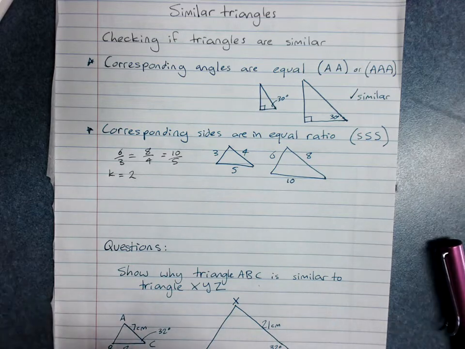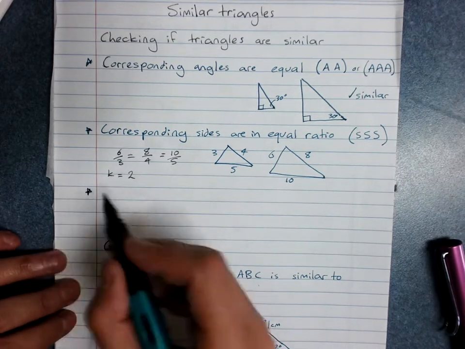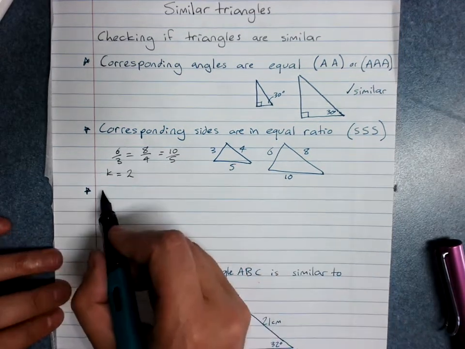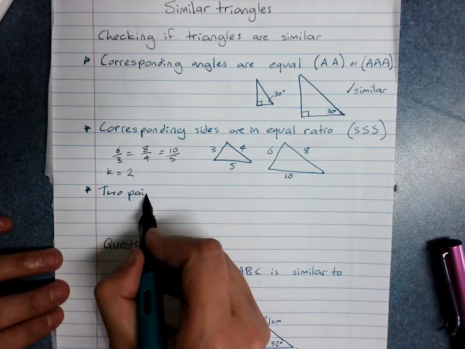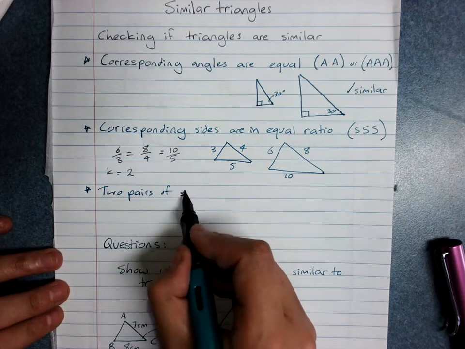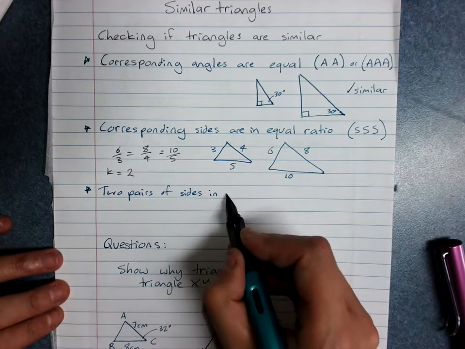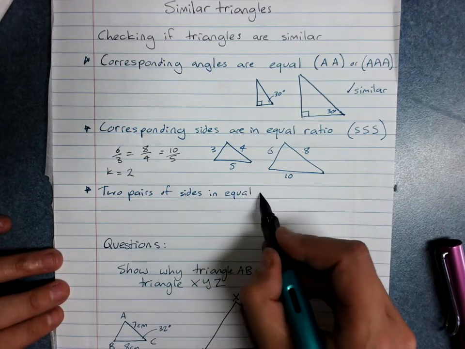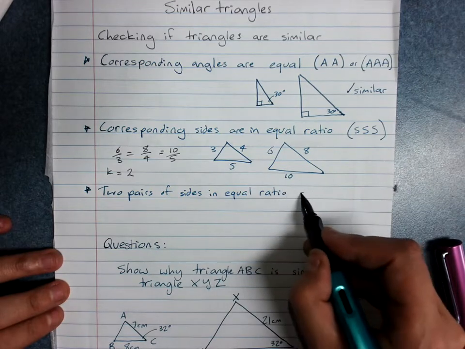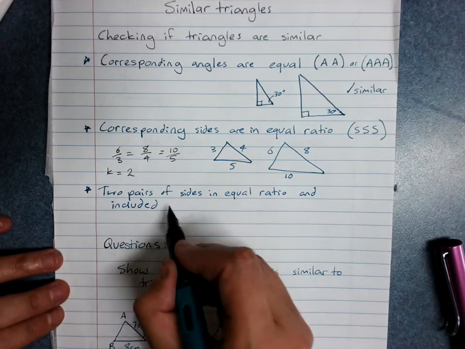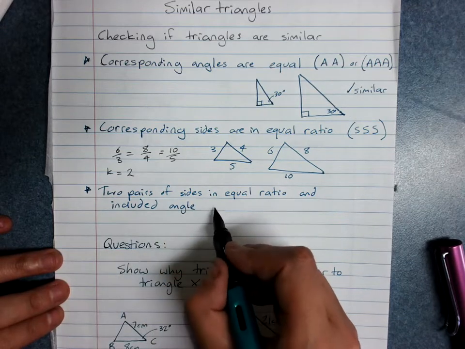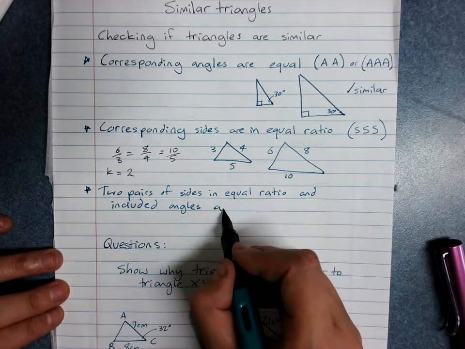The third rule is a combination of those. Two pairs of sides are in an equal ratio, and the included angles are equal.